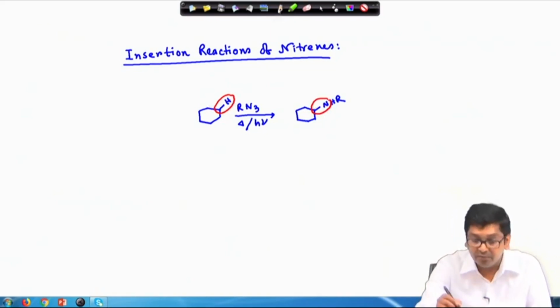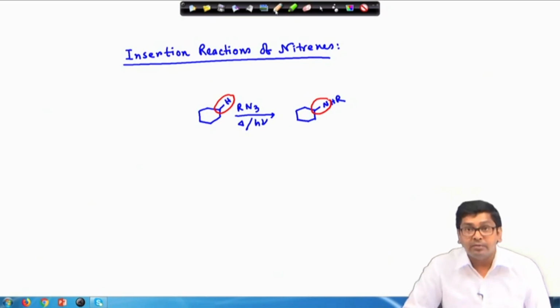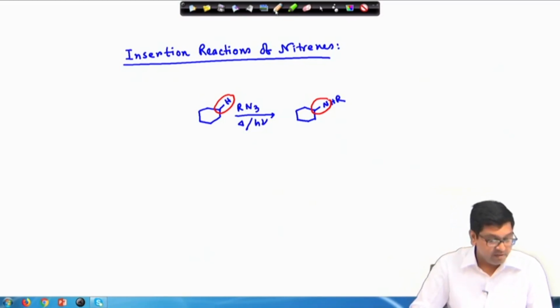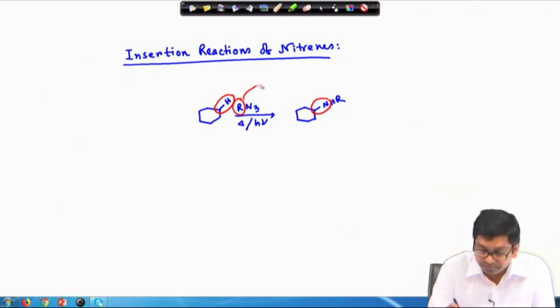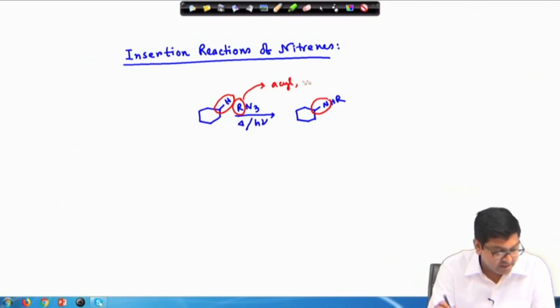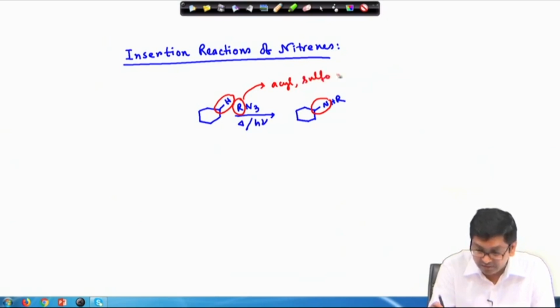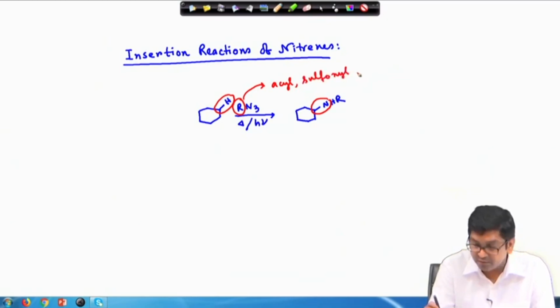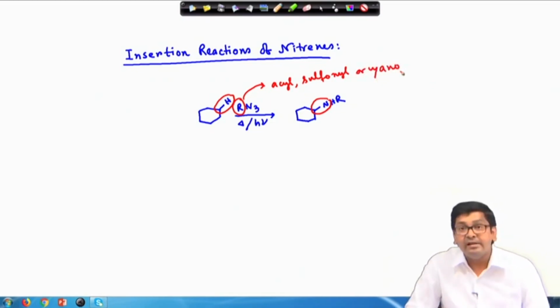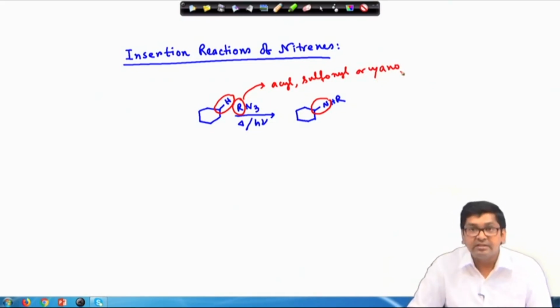Now, what kind of nitrenes will give facile reactions for amination, or rather carbon nitrogen bond formation reactions? As per example, if R equals acyl, sulfonyl or cyano, they give very facile reactions, rather the insertions of these nitrenes are very facile to generate the desired product.